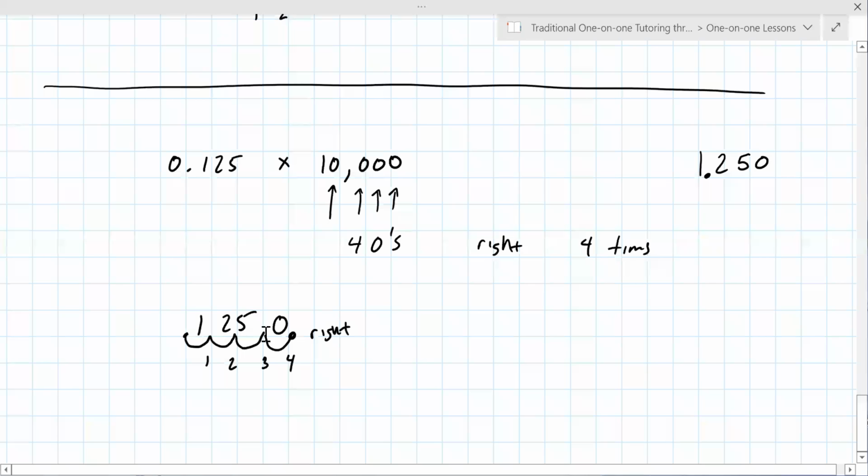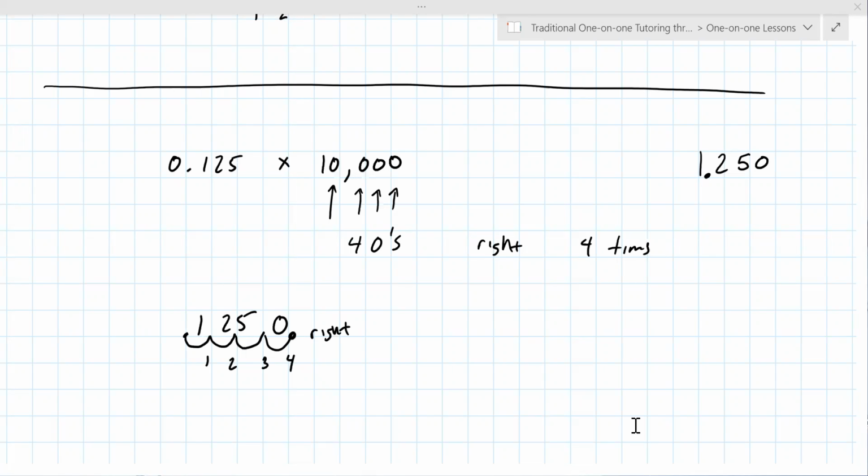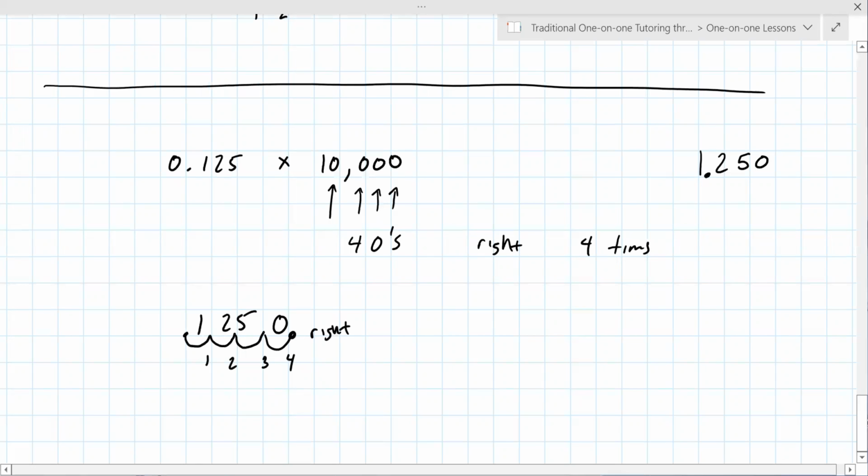You keep moving it over. Okay. Is that still unclear? I just had a little problem with the 0.125.